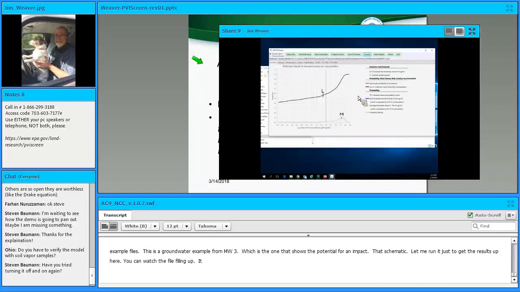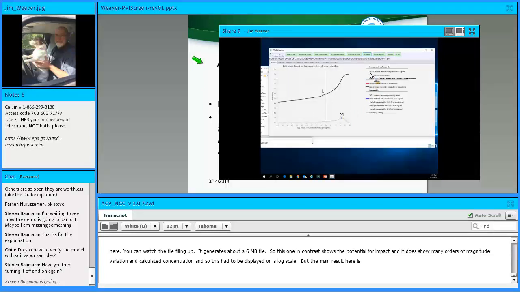Okay, so this one, in contrast, shows the potential for impact, and it does show many orders of magnitude variation in calculated concentration. And so this had to be displayed on a log scale. But the main result here is that in this case, 43.7 of the 1,000 runs exceeded the screening level for benzene.